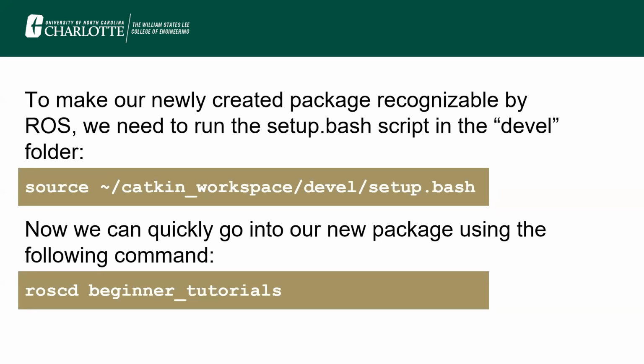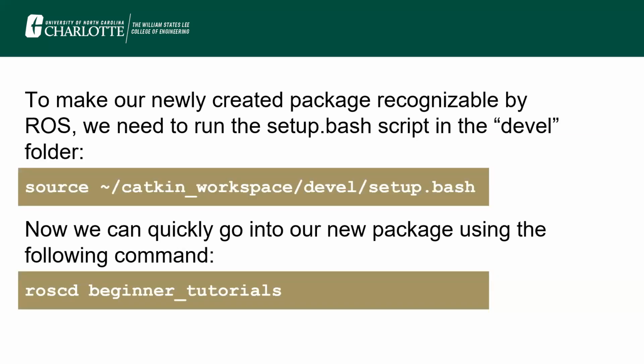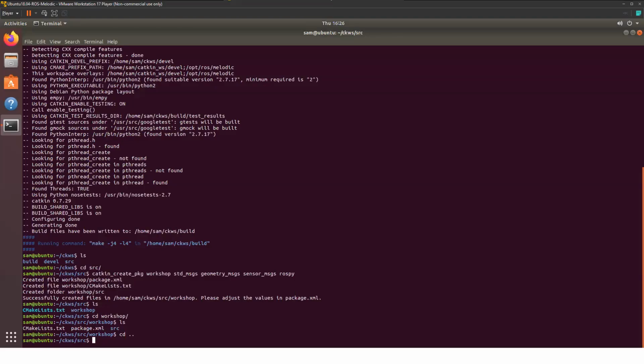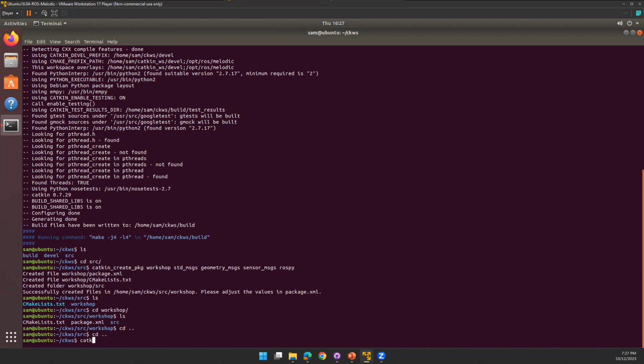Now that we have created our package, I guess this step is not entirely necessary along the way, but did I mention this over here? I think we would have to catkin_make one more time. Let me do that. So I'm going to say catkin_make.